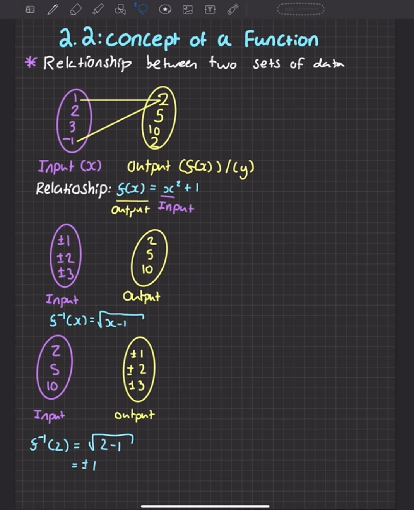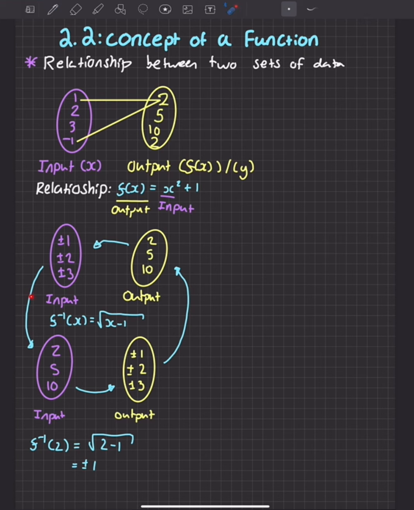So if these are your original inputs of f of x, and these are your outputs of f of x, these are your inputs of f inverse of x, these are your outputs of f inverse of x, what do you notice? Well, the outputs here are the inputs here, the inputs here are the outputs here, right? So what you get is just an endless cycle of this, this, this, this, right?